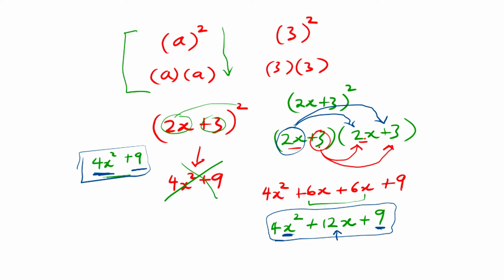And that is what you have to do in order to expand squares correctly. Okay, let's look at one more example and then we can draw the curtain on this example. So we have 3s minus 2 squared.